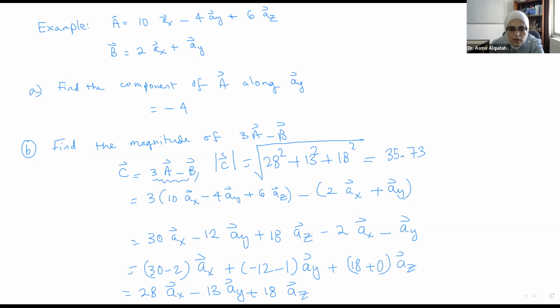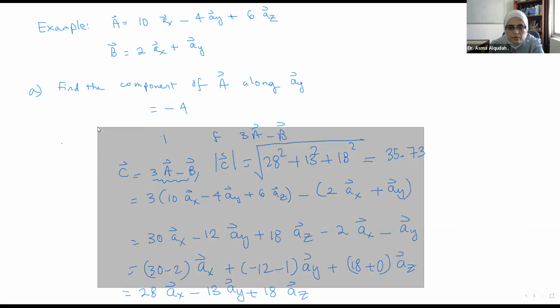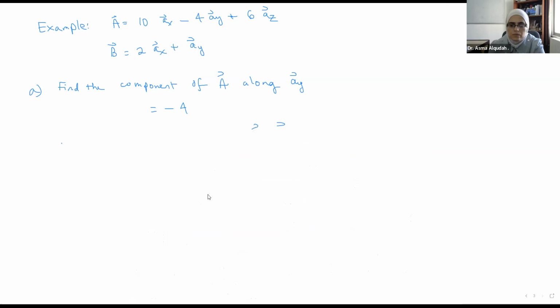Now let's see what we still have. Part C asks to find a unit vector along a plus 2b.